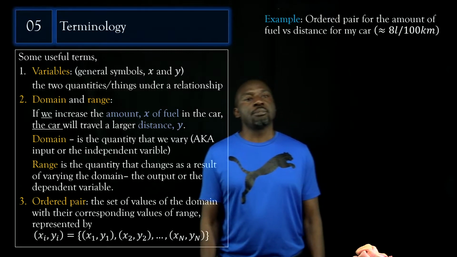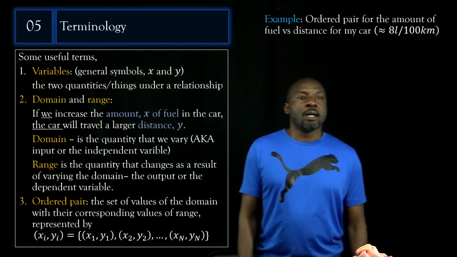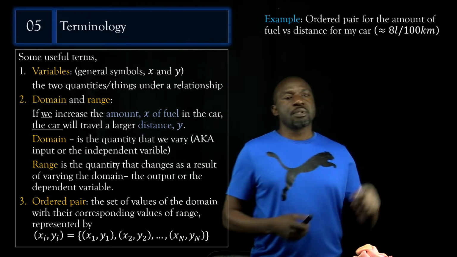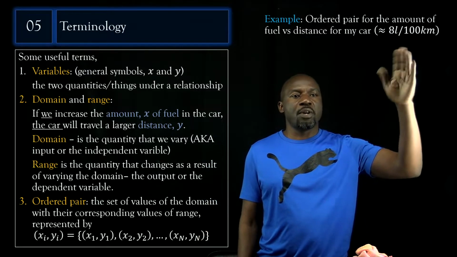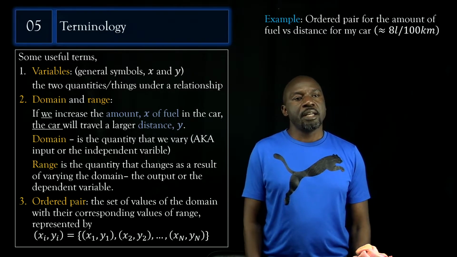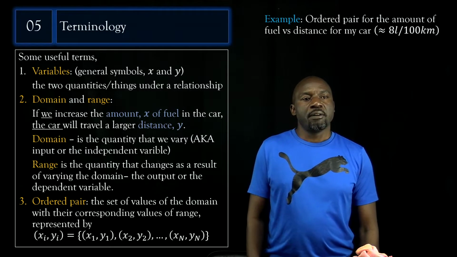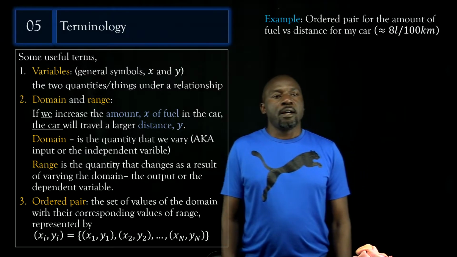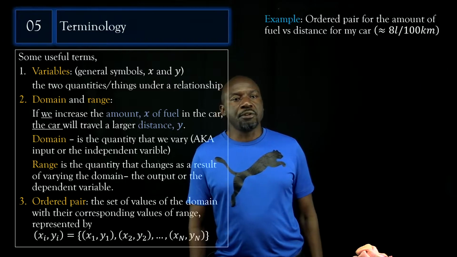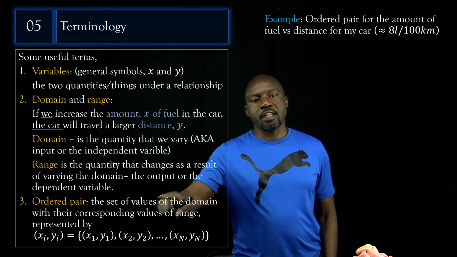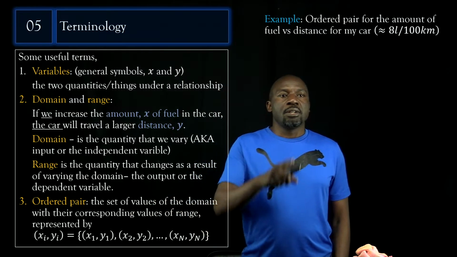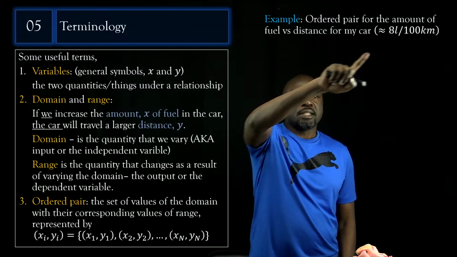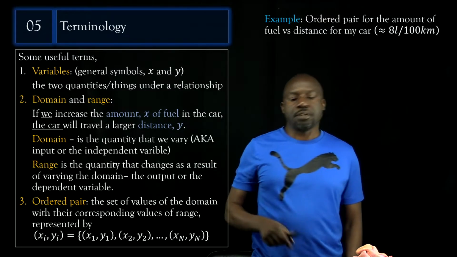So here is an example with my car. My car consumes anywhere between 7.4 and 8 liters per 100 kilometers. All right. And so let's try and use this to demonstrate the idea of an ordered pair, right? So the amount of fuel is 8 liters for every 100 kilometers.